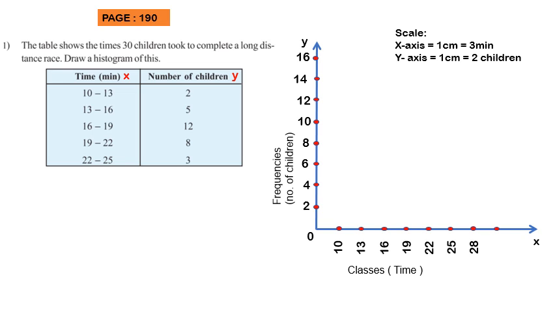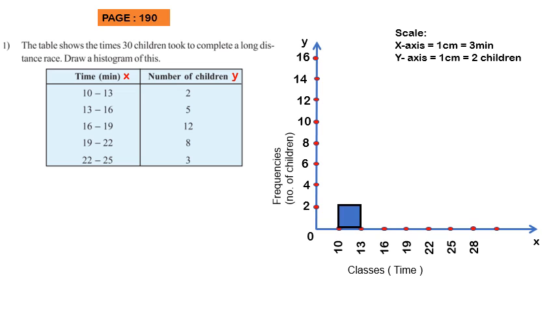Here you know in class 10 to 13 corresponding frequency is 2. So leave some space from 0 to 10. Then draw a rectangle of height 2 cm in between 10 to 13 like this. Second is 13 to 16. Here corresponding frequency is 5.